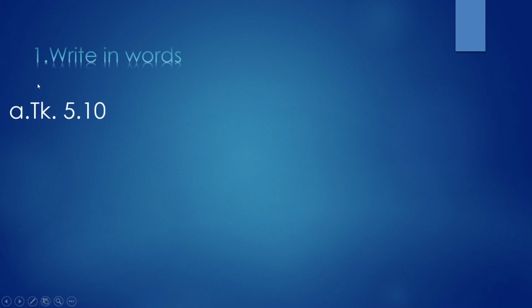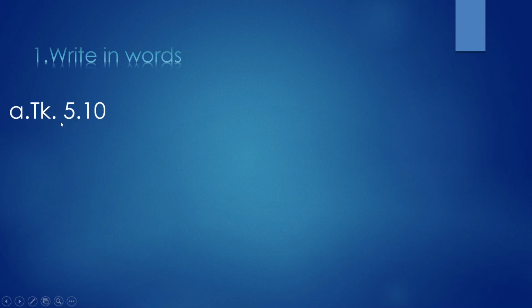Let's move to our first one. Number A. This is the shortest form of taka. The short form of taka is T, then small letter K and a dot. Here is 5.10.